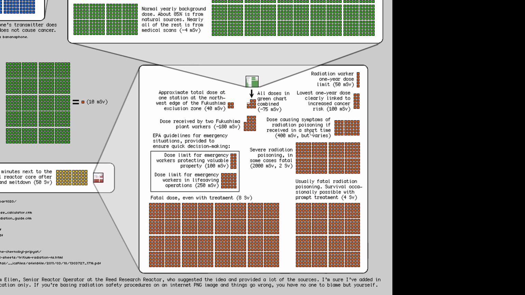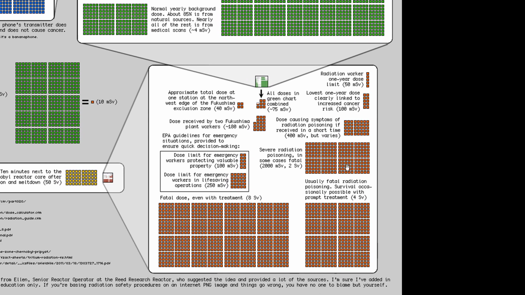If you want to see where you're going to start seeing radiation poisoning, you need about 400 millisieverts, but it does vary. Severe radiation cases, sometimes fatal, start at 2,000 millisieverts, which is about 2 sieverts.